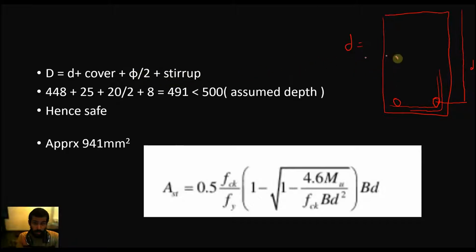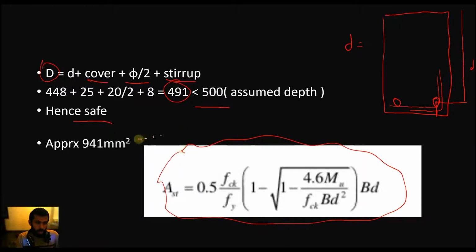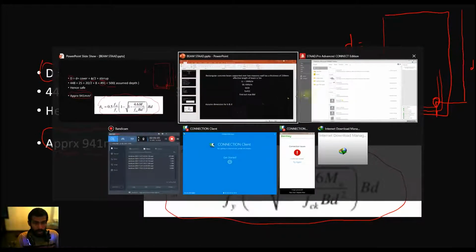So you add the diameter of the main bar by 2 and the diameter of the stirrups, and then add the cover to get the total depth. It comes to 491, which is lesser than the assumed value. Hence we can say it is safe, and you might remember this formula, or you can use the quadratic equation to solve for the area of steel. So now let's get into STAAD Pro.